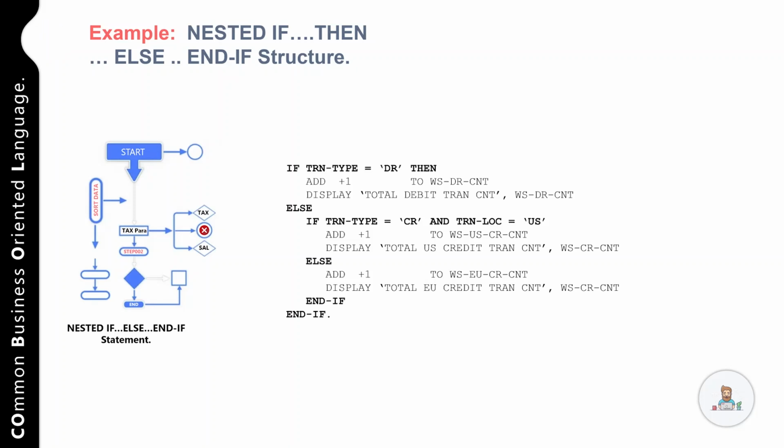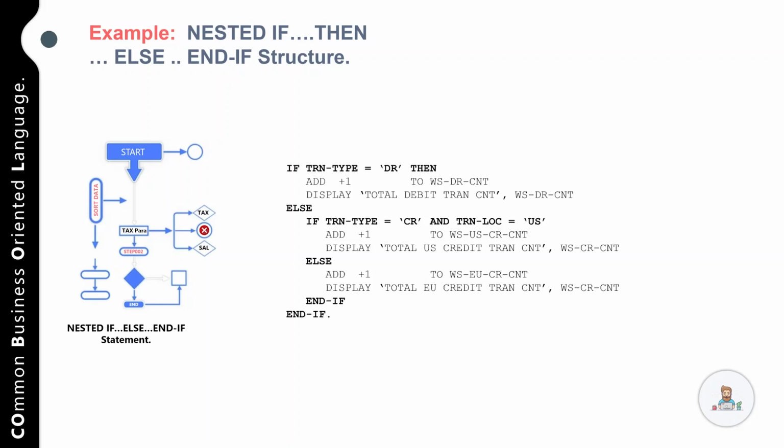In case the location is not US, and it is in some European region, then I would increment the European transaction credit counter, and then print the total EU credit transaction count in the spool. So this is how you can design your logic.